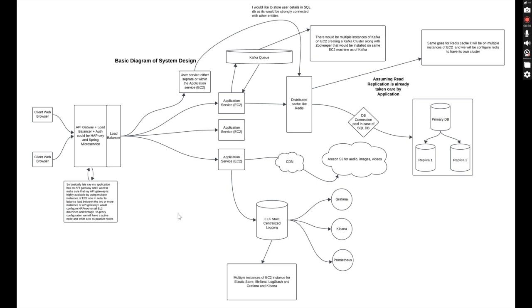This diagram helps you visualize the components. There are some additional components that we will also be covering, and each component has its own specific advantage, a specific use case that it's used for. With this visualization, you can have a better understanding of how a system could look.